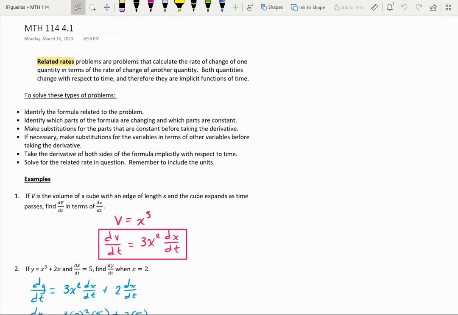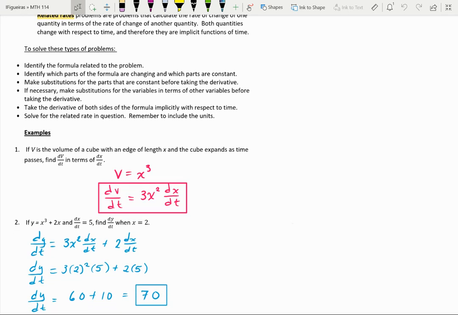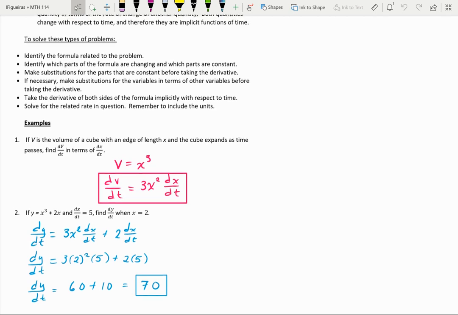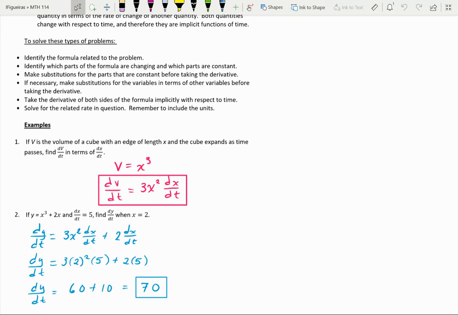So example number 1. If V is the volume of a cube with an edge of length x, and the cube expands as time passes, find dV/dt in terms of dx/dt. So first thing you need is the formula. Well, the formula for the volume of a cube with an edge of length x is V equals x cubed.